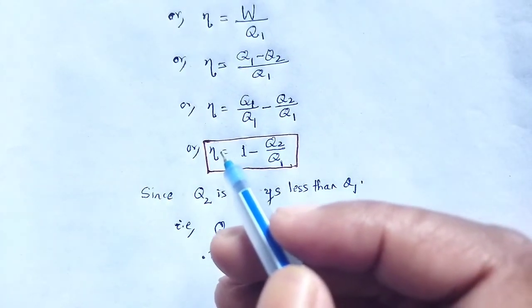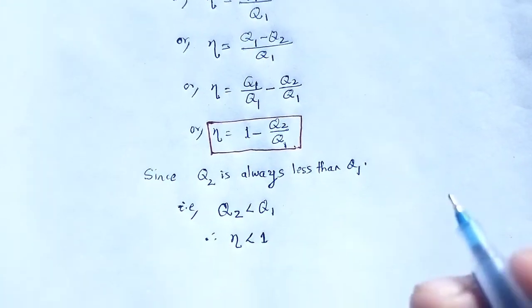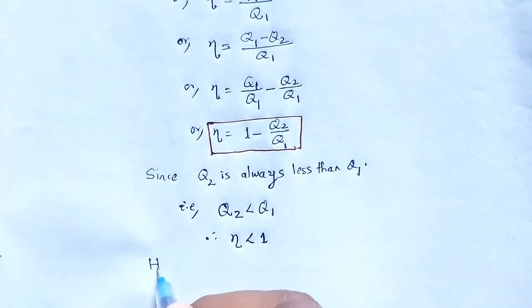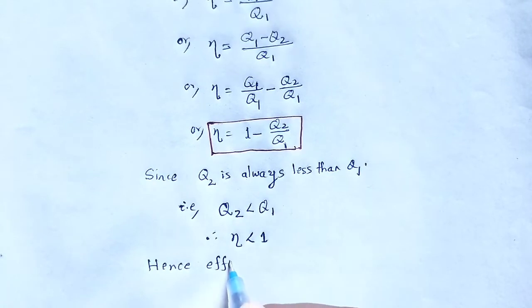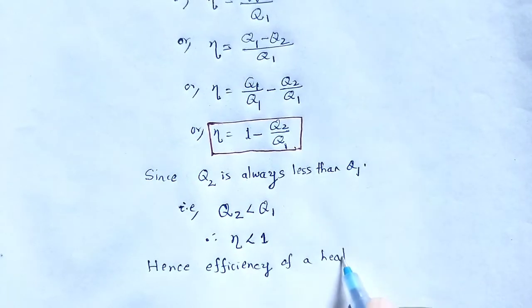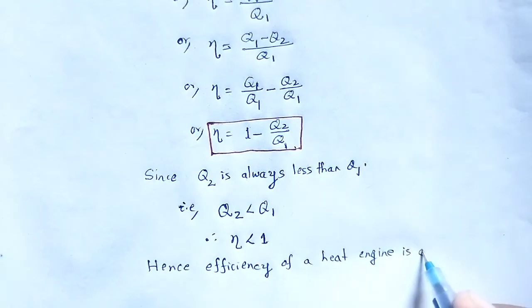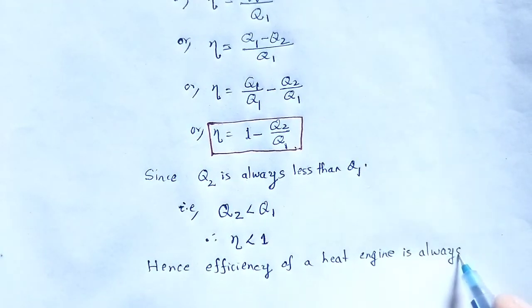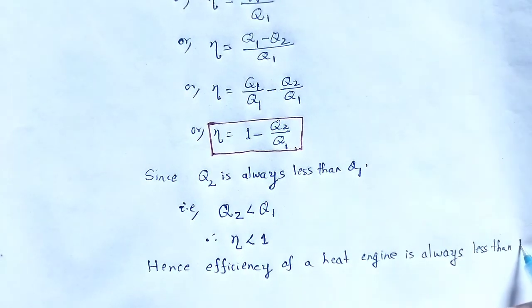Hence the efficiency of a heat engine is always less than 100%.